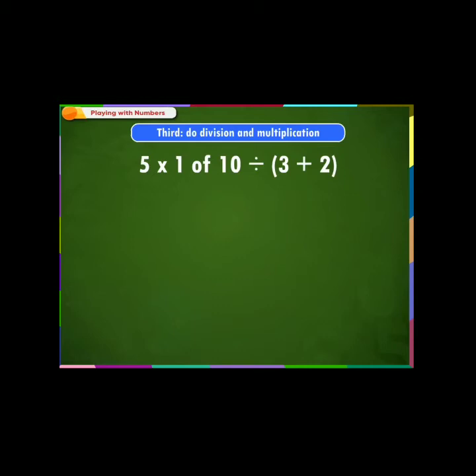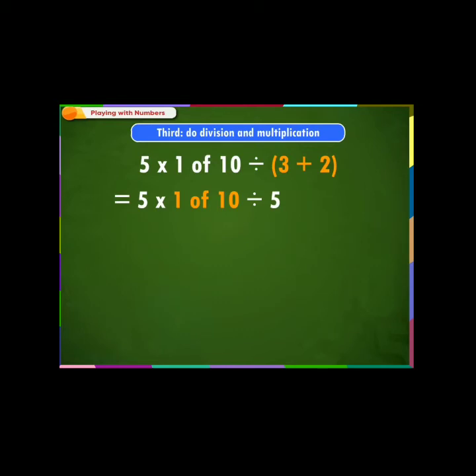The third in the BODMAS rule is to do the division first and then multiplication. For example, look at this expression. We see that there is a bracket here. So, as per BODMAS rule, we solve the bracket first. We get 5 multiplied by 1 of 10 divided by 5. Next, we know that we have to solve the OF.